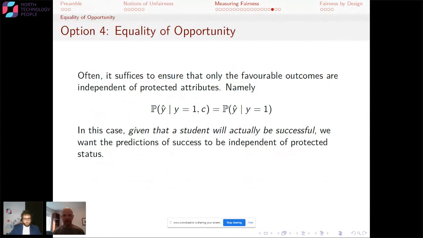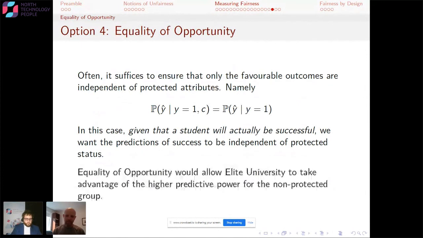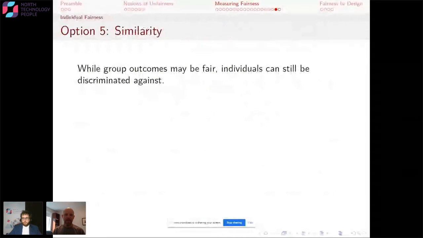When it comes to fairness, it's the one that we recommend, and it's the one that we push for. Essentially, what this allows the elite university to do is take advantage of the higher predictive power for the non-protected group, but still protect themselves and their applying students from unfavorable scenarios when they don't deserve it.